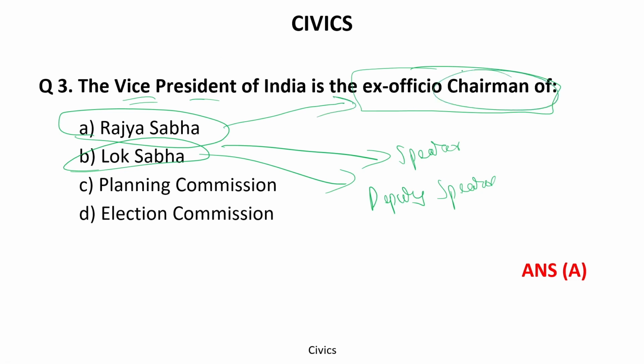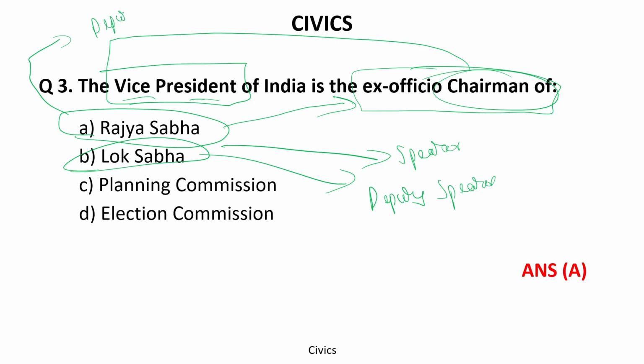The chairman is the Vice President of India, so whosoever is elected as Vice President of India will serve as chairman of Rajya Sabha. And the second one is the deputy chairman.